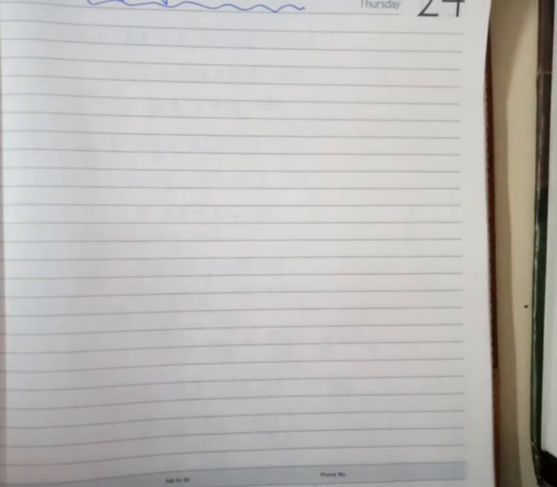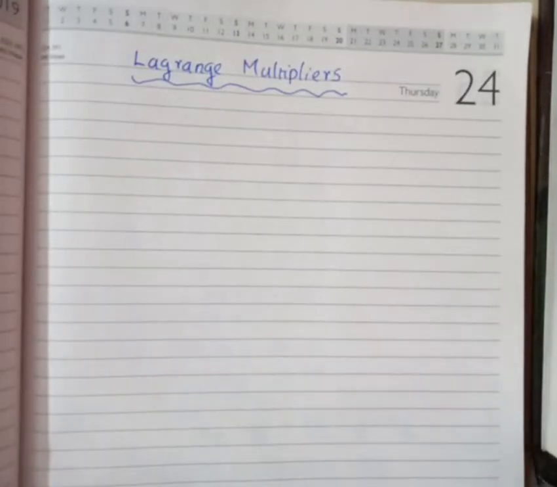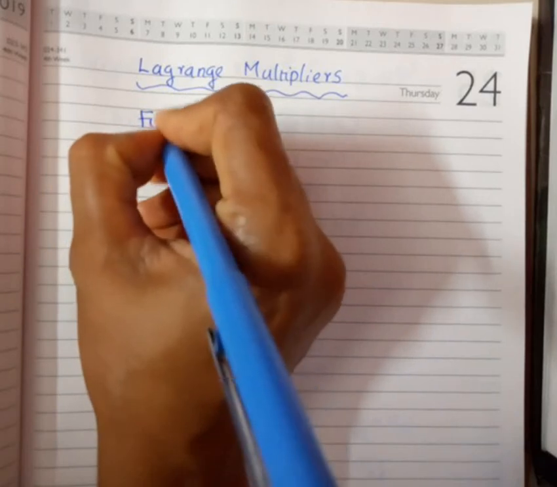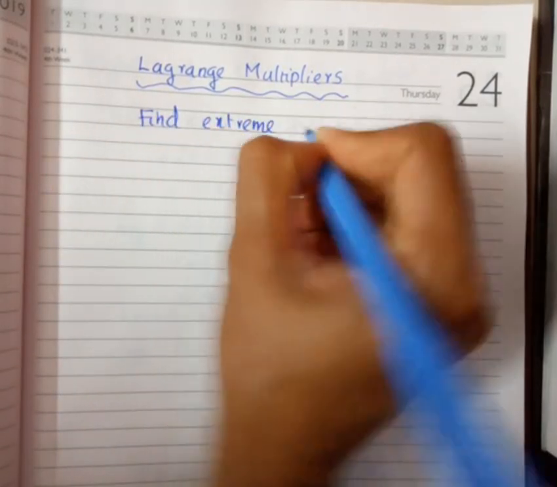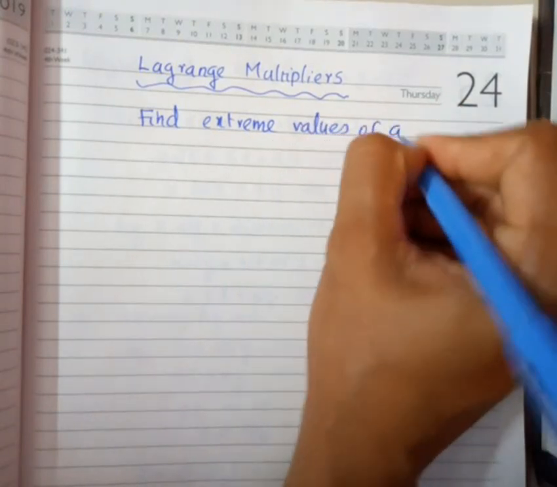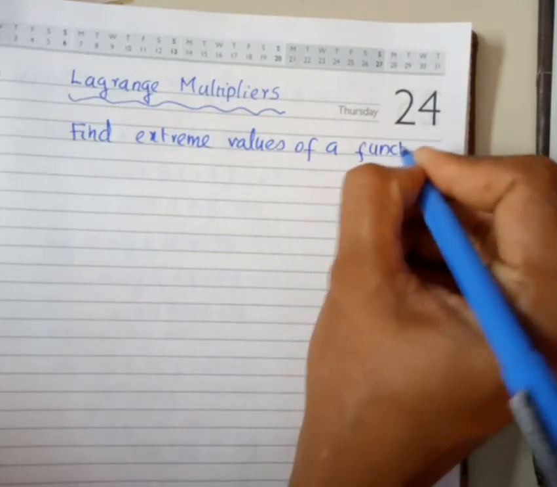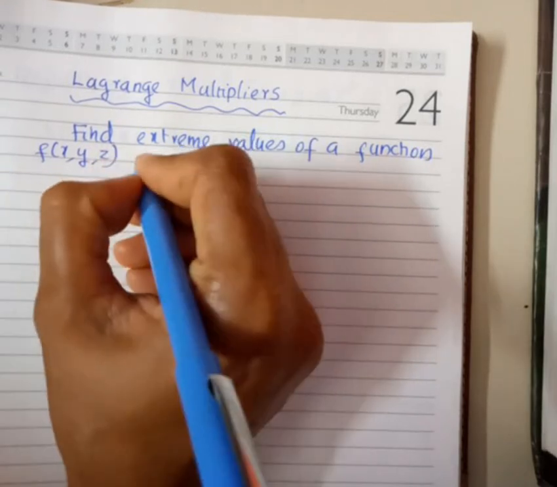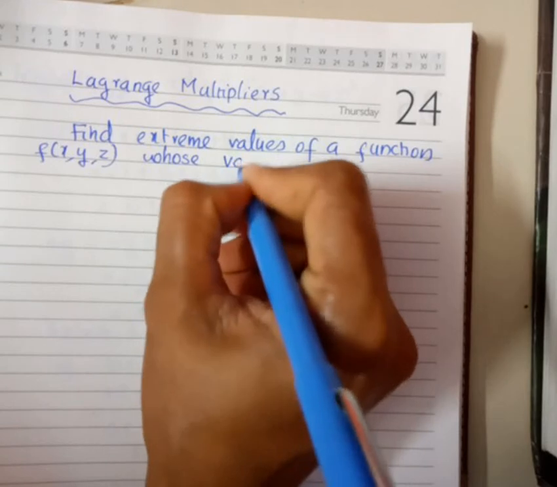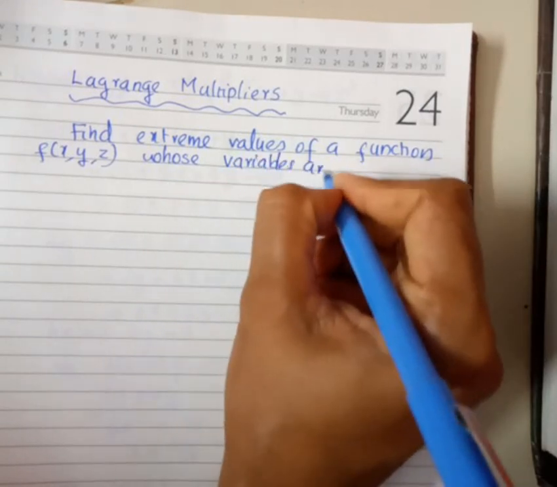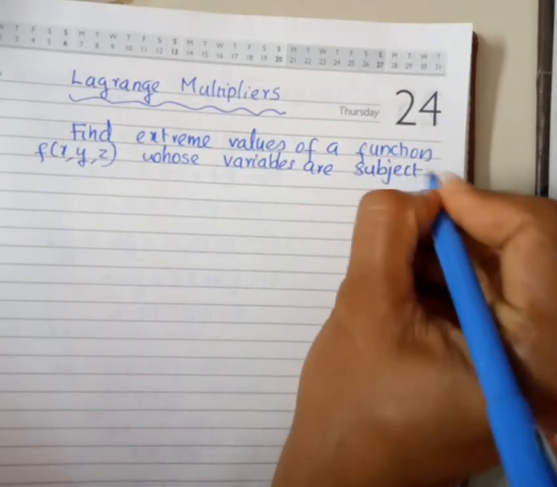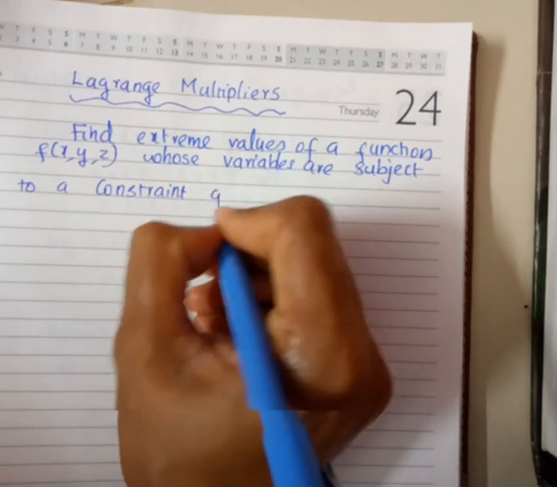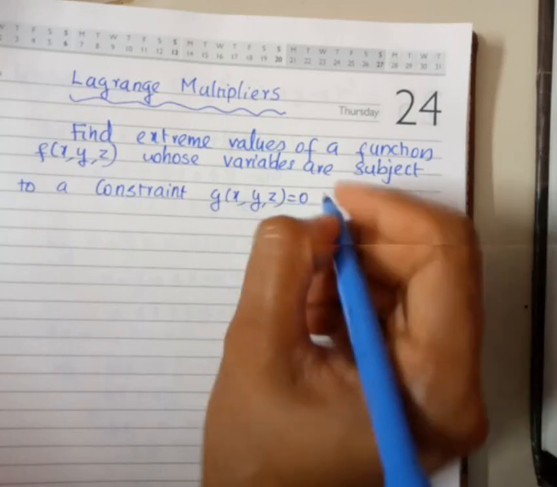The method we can explain using this. Our problem is to find the extreme values of a function f of x, y, z, whose variables are subject to a constraint g of x, y, z equal to 0.